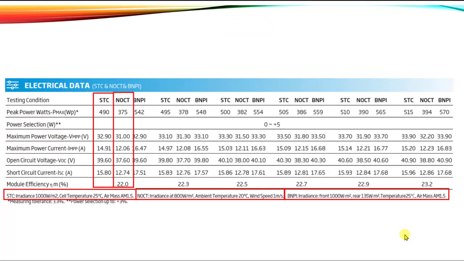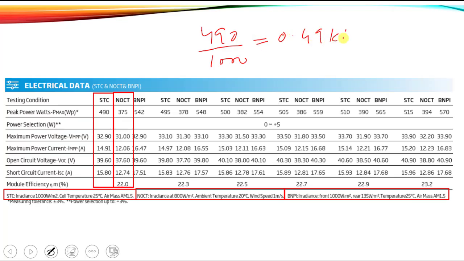How about if the same module is run for 2 hours? Then the total energy being produced is simply 490 divided by 1000, which becomes 0.49 kilowatt, multiplied by 2.